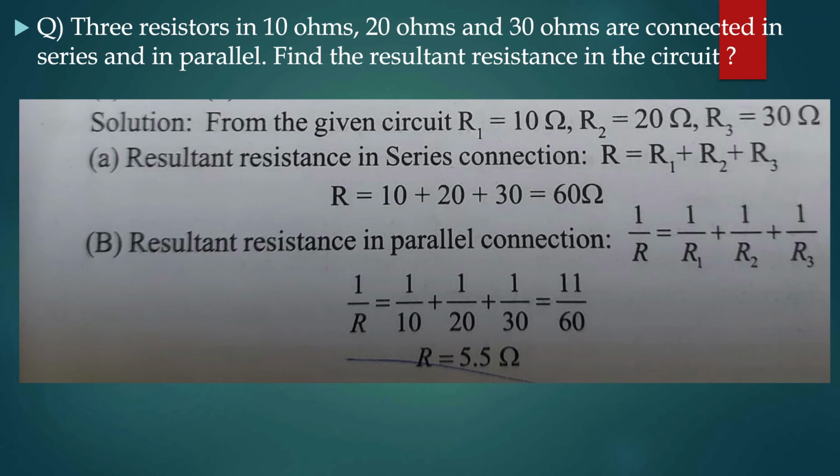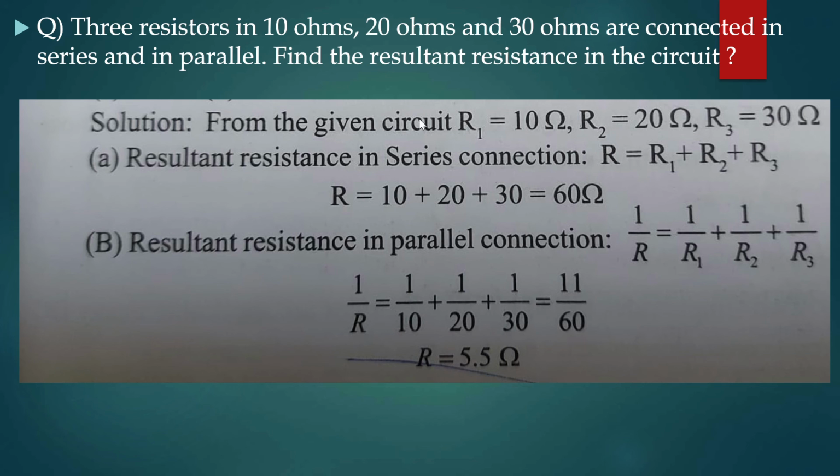Coming to one problem, children: three resistors of 10 ohms, 20 ohms and 30 ohms are connected in series and in parallel. So in one circuit they are connected in series and in another circuit they are connected in parallel. You have to find the resultant resistance in the circuits.